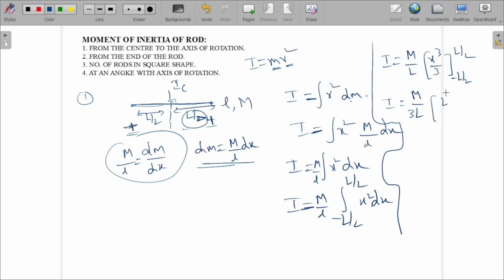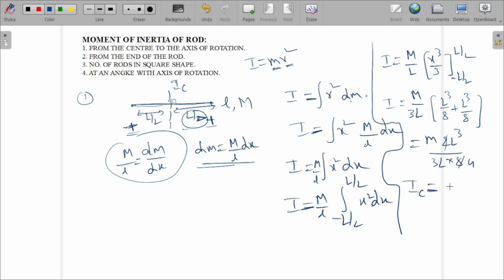That means L cube by 8 plus L cube by 8. Okay, x is nothing but L by 2, L cube by 2 into 2 into 2, 8. So m times 2L cube by 3L into 8. 2 ones are 2, 2 fours.